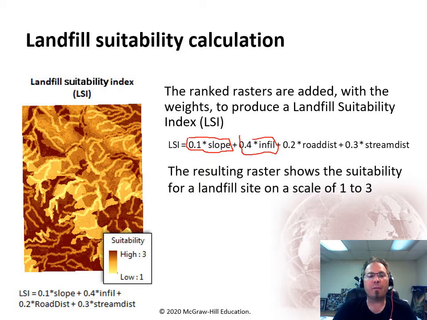And you can see with the diagram here, the suitability is 1 is low, 3 is high. Okay, so you would want to look in the darker areas to site a landfill. Now what's nice about this is it's not just, well, here or here, it's based on weighted inputs. So the chances of finding suitable sites in those dark brown areas is a real possibility based on real world concerns, your inputs.